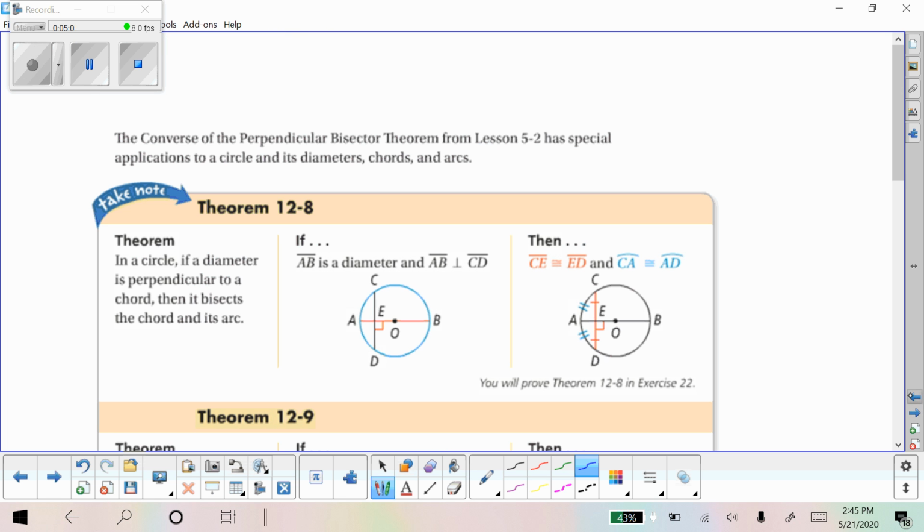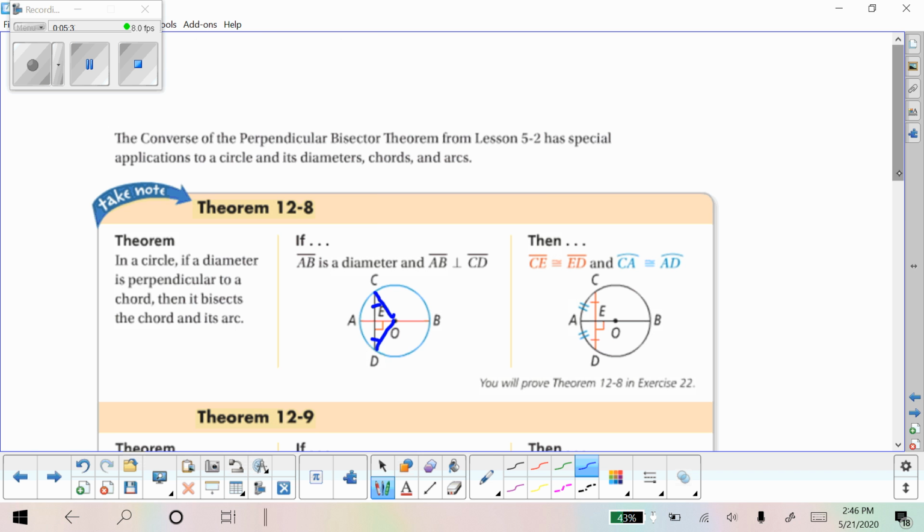All right, moving on. Another theorem, if the diameter is perpendicular to the chord, then it bisects the chord and its arc. So what we're saying is that both sides of this are the same. That seems kind of obvious to me since these would both be radii, and since they're both right angles, those are two congruent triangles.